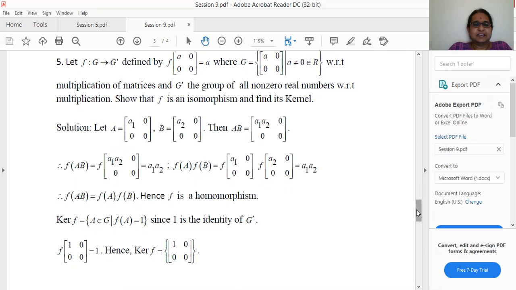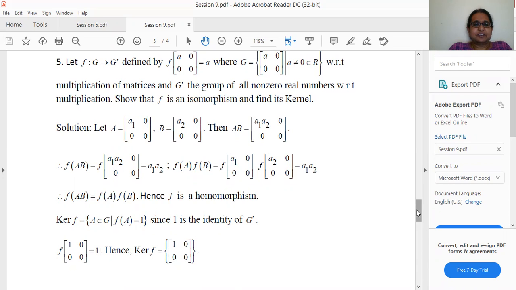F of A is f of [a1, 0; 0, 0], that is a1. F of B is f of [a2, 0; 0, 0], that is a2. So f of AB is a1 a2, and f of A into f of B is again a1 a2. Both are the same. So we say f of AB is equal to f of A dot f of B. Hence f is a homomorphism.